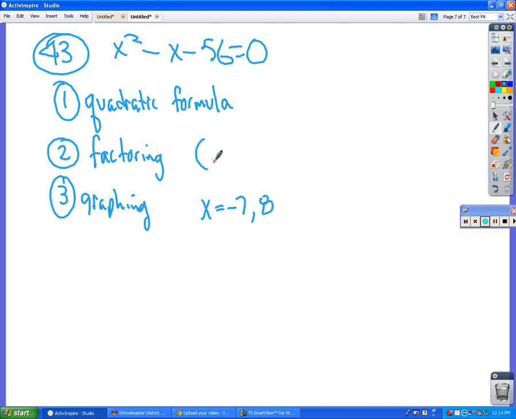Which you would have also gotten by factoring, because if I need 2 numbers that multiply to be -56 and add to -1, it's going to be -8 and +7. So that's where the 8 comes from, and that's where the -7 comes from. And hopefully if you did the quadratic formula right, you would get the same answer as well. All right? Okay.